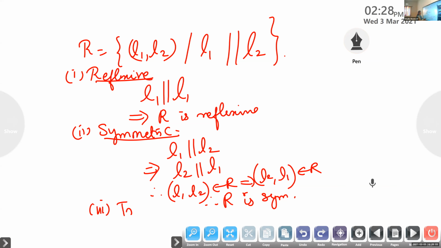Is it transitive? Check the third one. Is it transitive? Yes, ma'am. Suppose a line A is parallel to B and B is parallel to C. Then A will be parallel to C, isn't it?